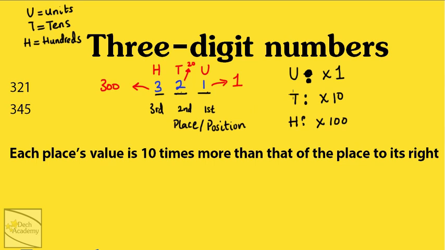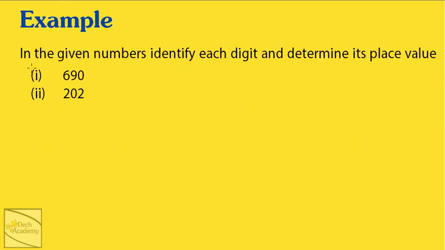So this example requires us to, well, okay, I'll read it. It says, in the given numbers, identify each digit and determine its place value. In the first number, we have 690. In terms of identifying the digits, all I want you to do is realize that this is 0, this is 9, and this is 6. In terms of the place value of the digits, let's have it go.